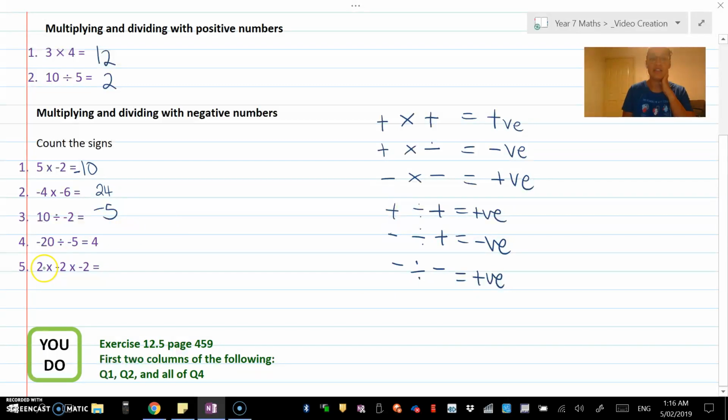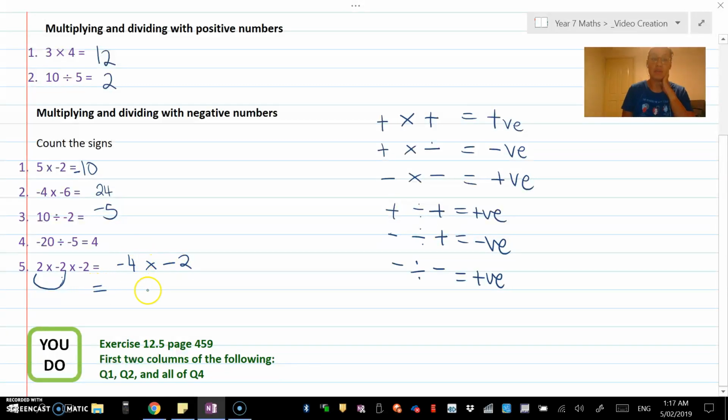Okay, and then this one here, now let's have a think about this. If we did it in different ways, like a different operation, in two separate steps. If I had just these two numbers here, 2 times 2 is 4, that becomes negative 4, and what I'm left with is this one here times negative 2.